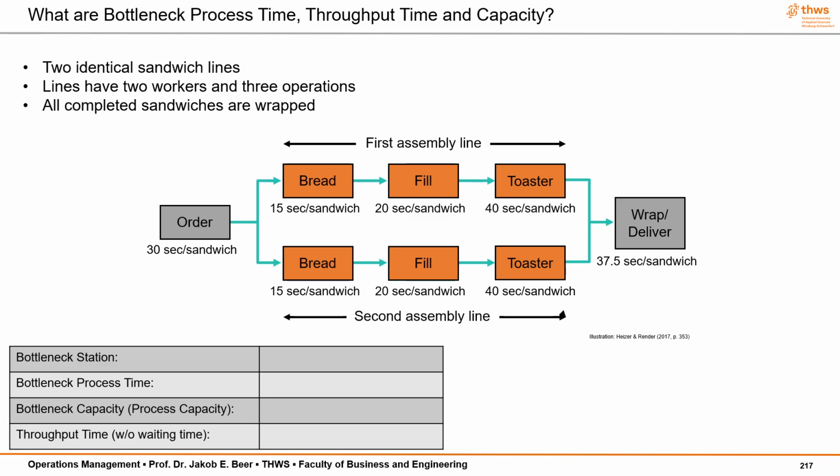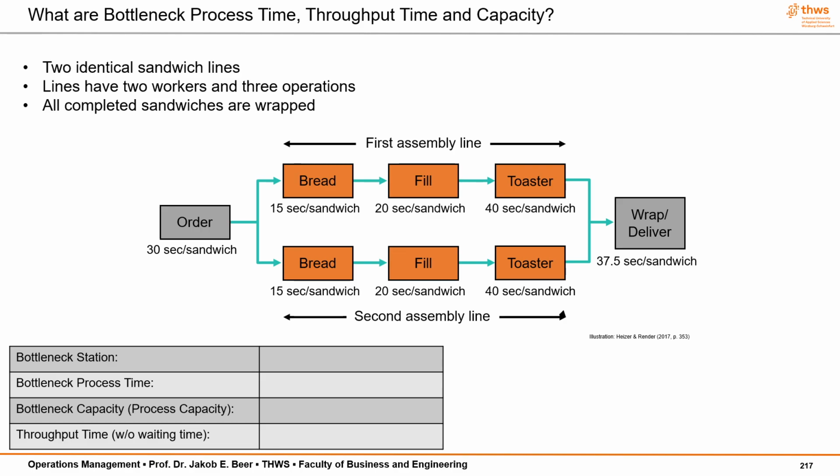There's one order point, so all customers order at the same point, and then some sandwiches will be processed by one assembly line and some other sandwiches will be processed by the second assembly line. And the process times at these assembly lines are identical.